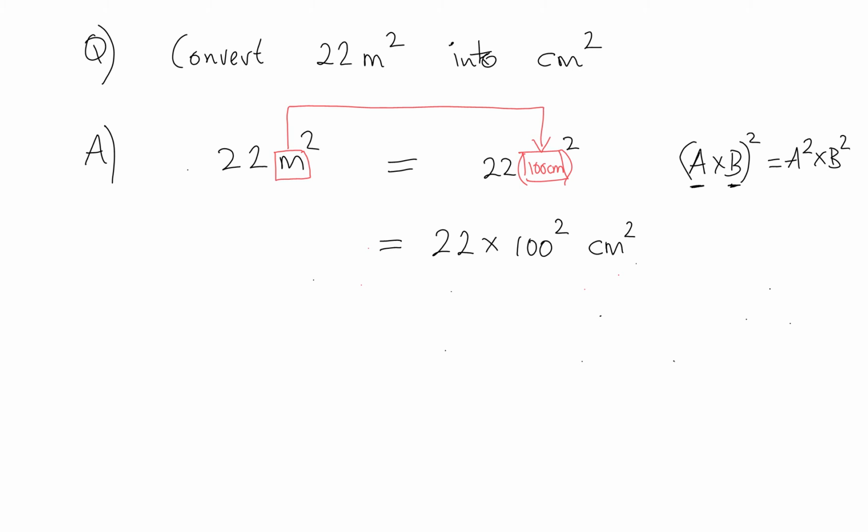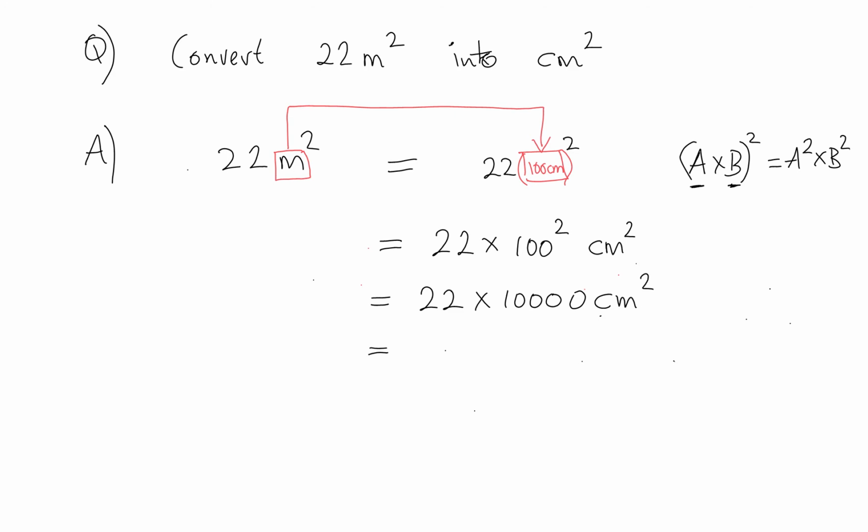Okay, so you can see that this is the same pattern here. a times b, all squared is a squared, b squared. This is our a, 100. This is our b, centimetres. So it's 100 centimetres, all squared is 100 squared, centimetres squared. And that's where this is, 100 squared, centimetres squared. Now 100 squared is 100 times 100, which is 10,000, and then we have the centimetres squared at the end.